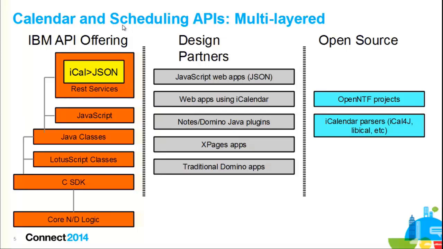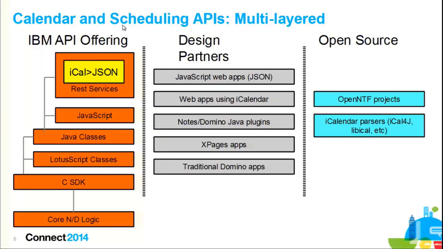Built upon those Java classes are two other higher level functions: server-side JavaScript for XPages development, and also the REST services. The REST services expose this over HTTP to allow yet another type of application to consume them. And those REST services, in addition to supporting iCal, also allow transformation into JSON, so that certainly makes the parsing much easier. But that's really only half the story.